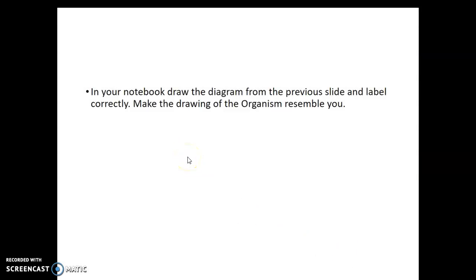So in your notebook, you're going to draw the diagram from the previous slide, like you've done before. But I want you to make the drawing of the organism resemble you. So give it your color hair, your color eyes, maybe draw it in your favorite outfit. You can draw it doing your favorite activity, whether it's dancing or skateboarding or horseback riding or driving a truck, whatever it is.